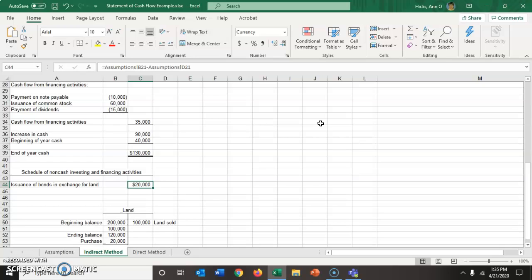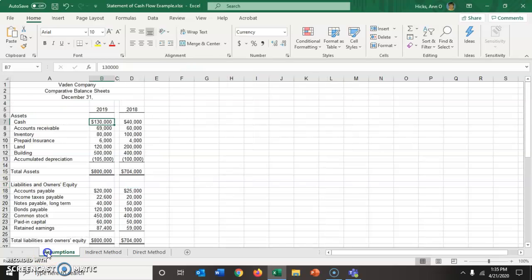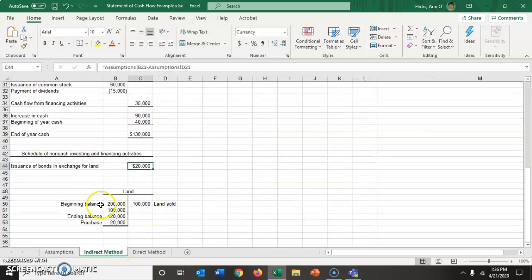Now, how do we know it's 20? There are two sources. One is, if we look at bonds, we can see they went up from $100,000 to $120,000. Well, that's an increase in $20,000. We can also look at our land account. Land started at $200,000. We know from the one item that we sold $100,000. That would have reduced the value in our land account to $100,000.